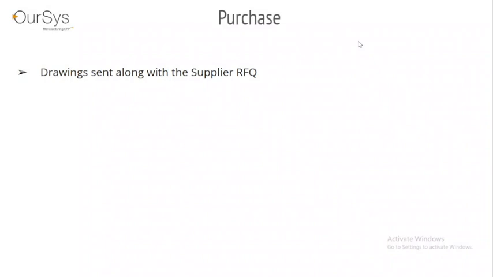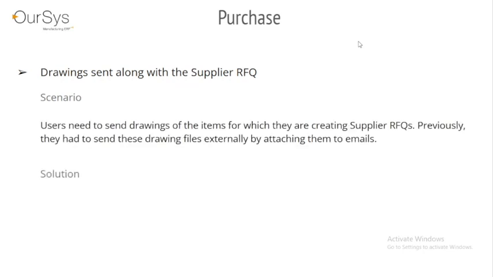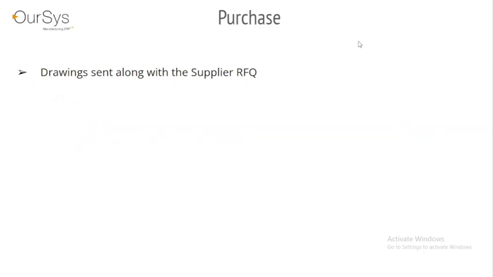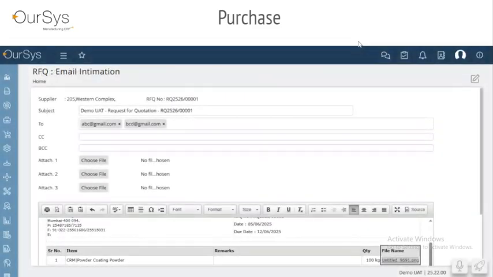Moving to the next point, that is the drawing set along with the supplier RFQ, that is the request for quote. It is part of the purchase module only, purchase transaction. As you can see on my screen, earlier sharing drawing files with suppliers involved manual file management and risk of errors.